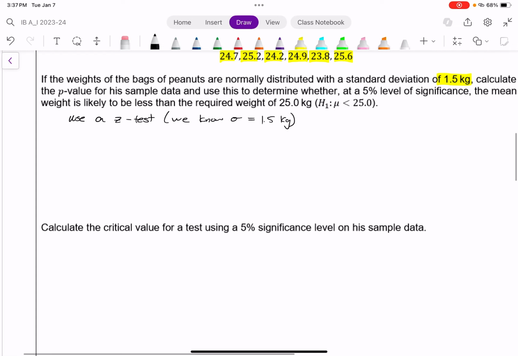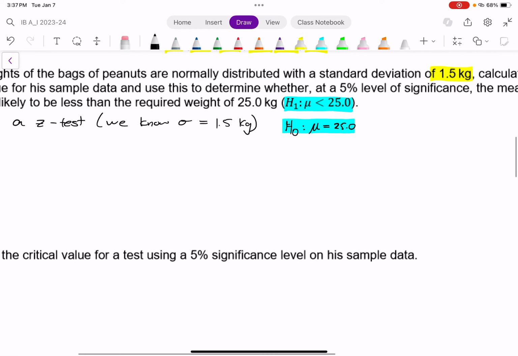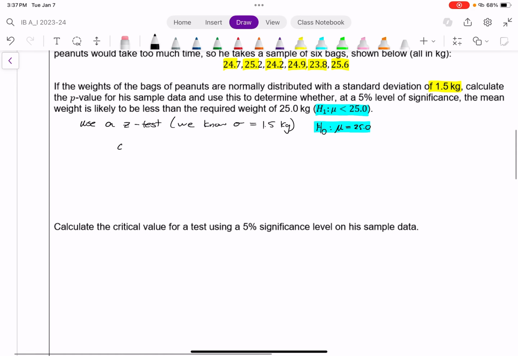The alternative hypothesis is given, so I'll state the null hypothesis, H naught, which is that the mean is 25.0 kilograms. And the alternative hypothesis is that it is less than. That's what we're trying to see if that's true. So not only do we want to perform a Z test here, we want to perform a one-tailed Z test, because if I think about a normal distribution here, here's the mean.